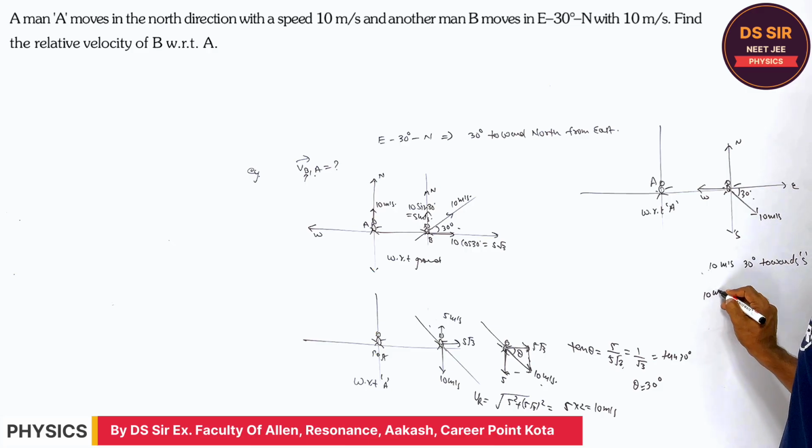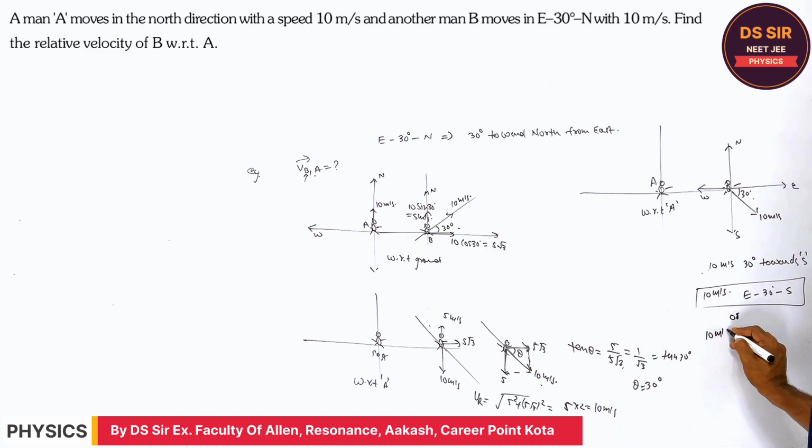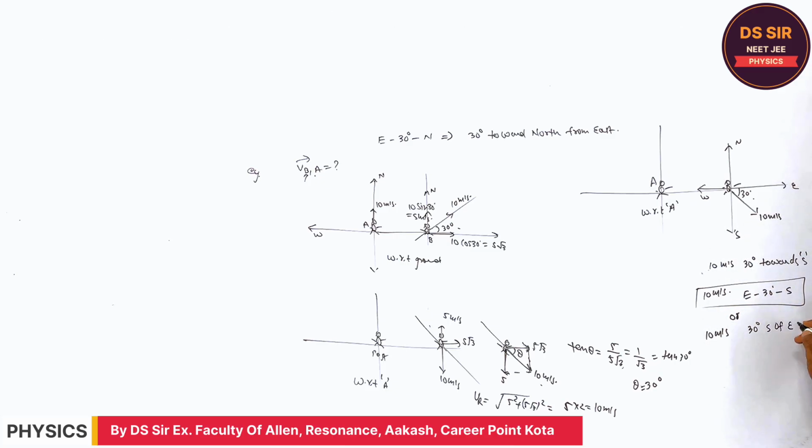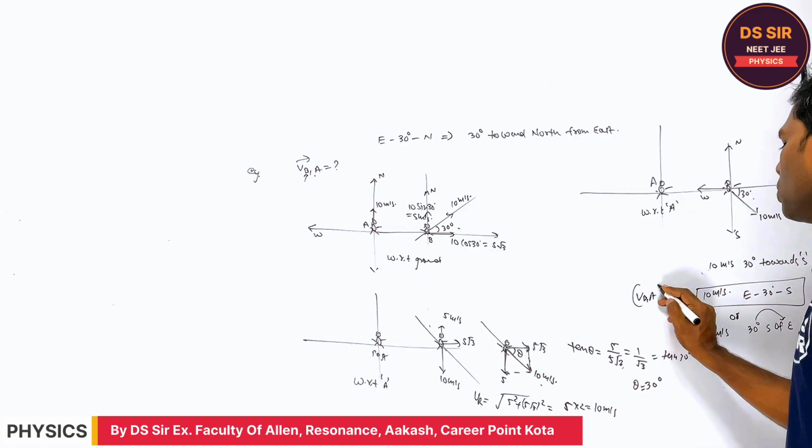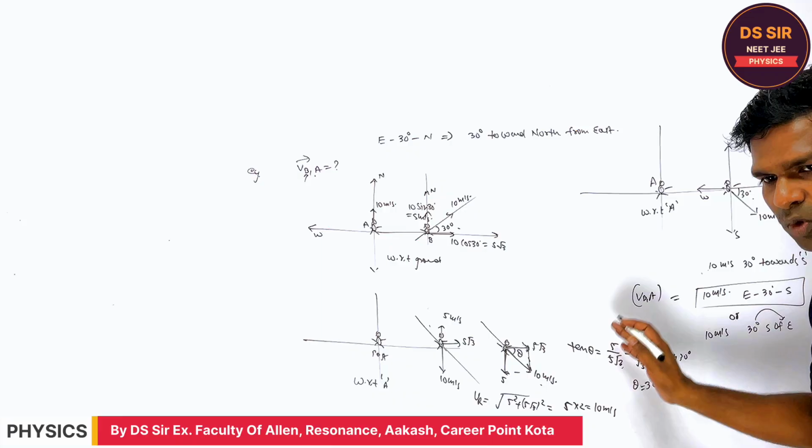It may be written as 10 meter per second, 30 degree south of east, right? It is making an angle of 30 degree. So this is the velocity of B with respect to A. Is it clear? Copy this.